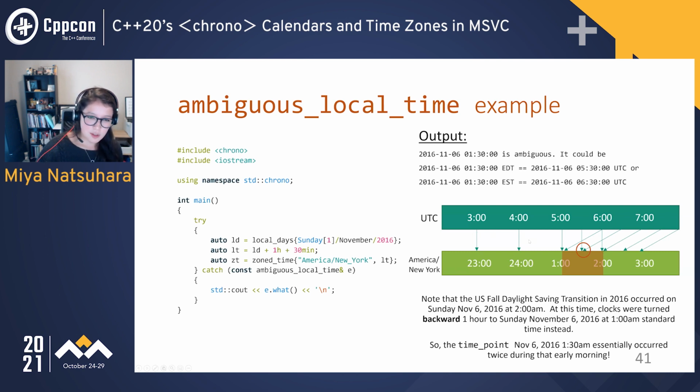We line up nicely 1 a.m. to 2 a.m. the first time, but then we do this thing where we start rolling back. So while UTC just keeps going forward, American New York jumps back, and now they're moving forward like this. You can see that both 5:30 UTC and 6:30 UTC both map to 1:30 in American New York, depending on whether it's the first time through this hour or the second time. So this is an example of where an ambiguous local time exception would be thrown.